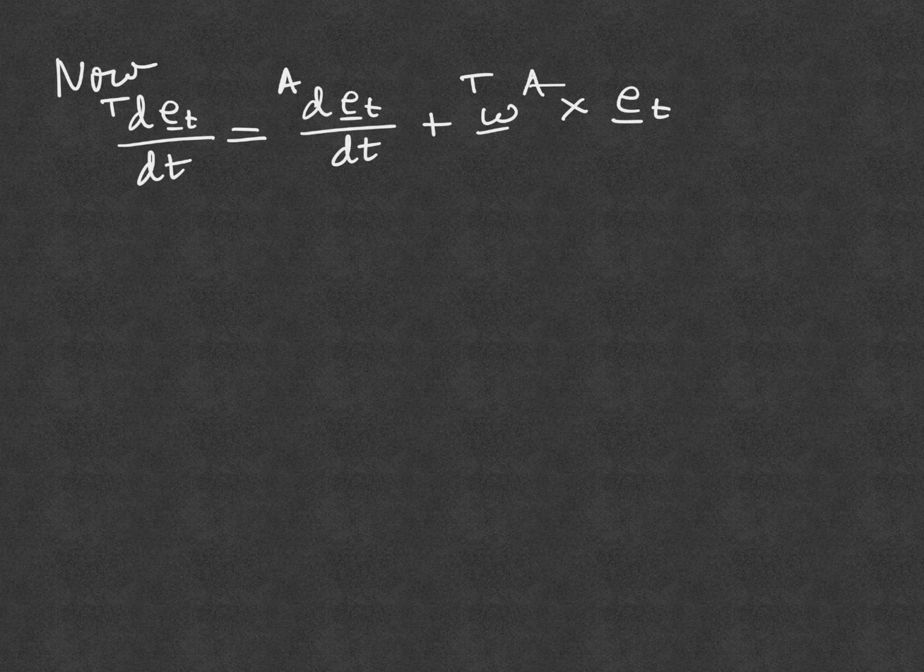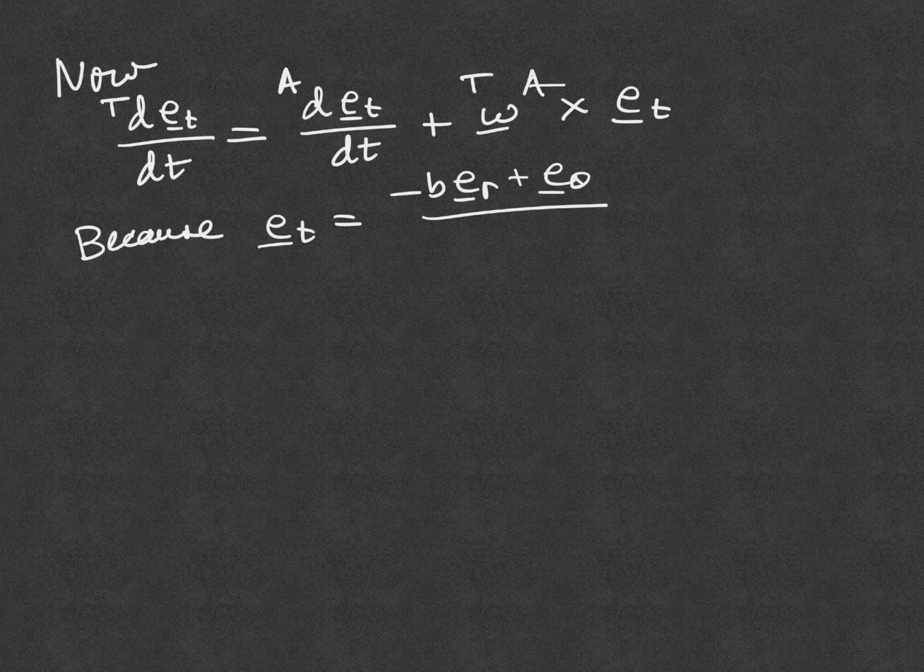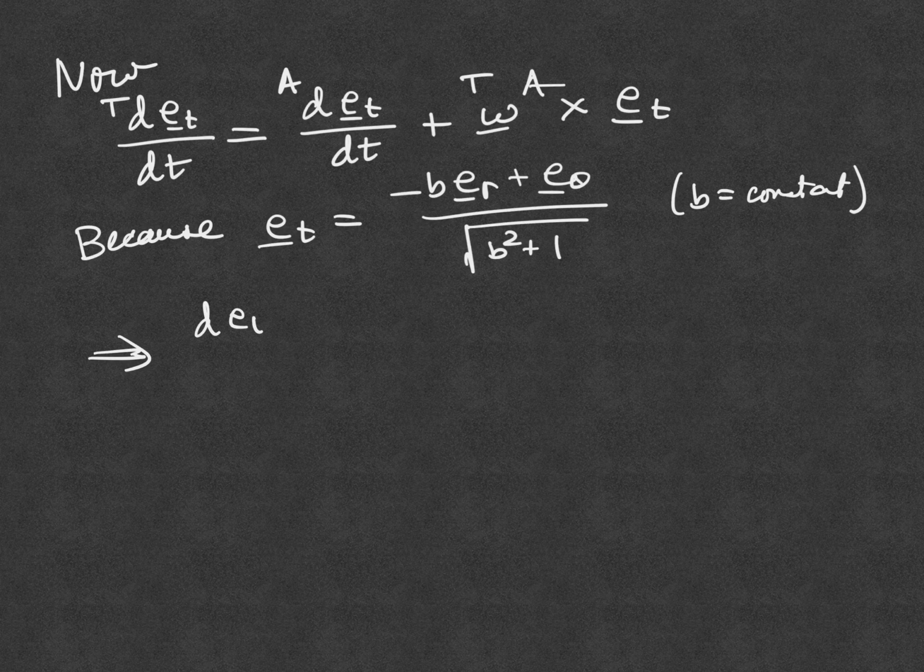Now, because the tangent vector e_t is equal to minus b e_r plus e_theta, all divided by the square root of b squared plus 1, recall that b is constant. And because e_r and e_theta are fixed in frame A, we obtain that the rate of change of the tangent vector as viewed by an observer in frame A is 0.